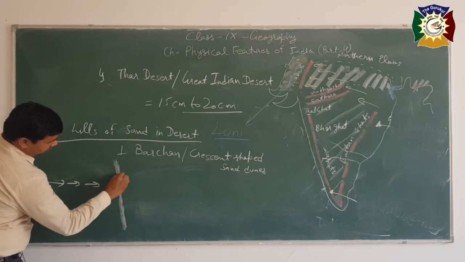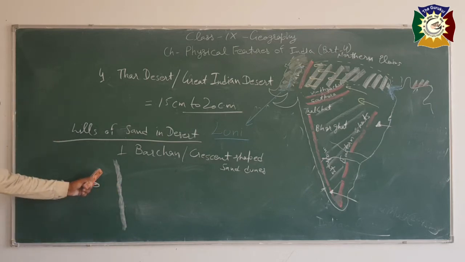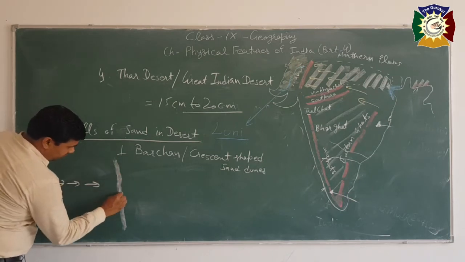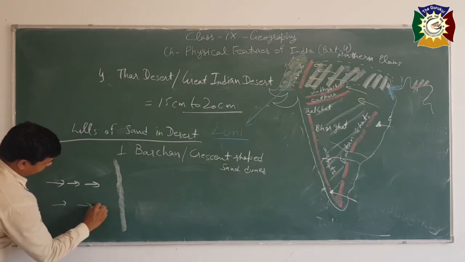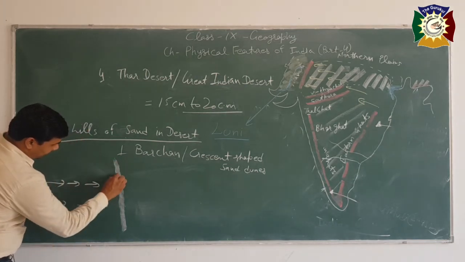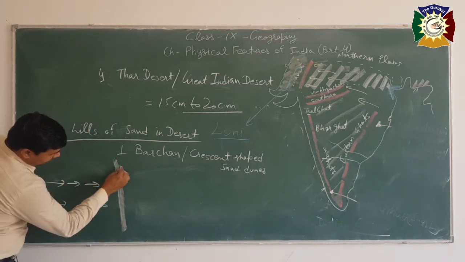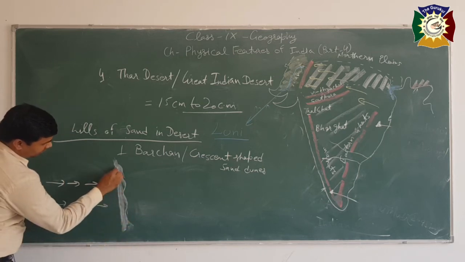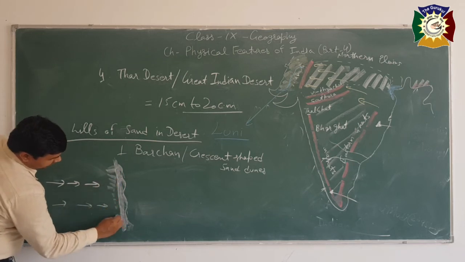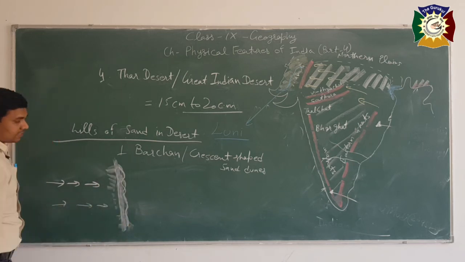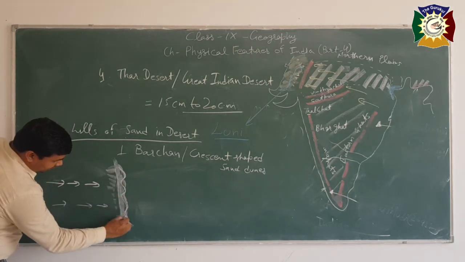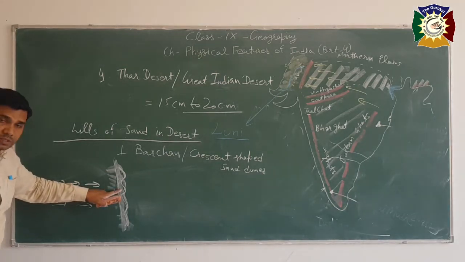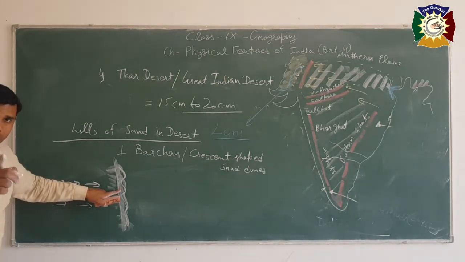Some sand dunes that lie nearly at a right angle in front of the wind, this side becomes the gentle slope and this side becomes the steep slope, and sometimes some crescents also develop here. This time it develops the transverse sand dunes, that is not given in the book.